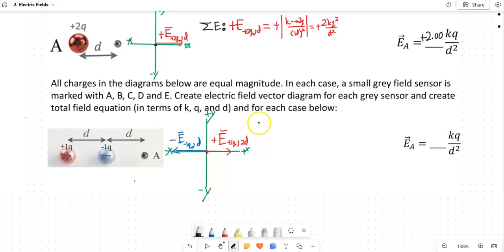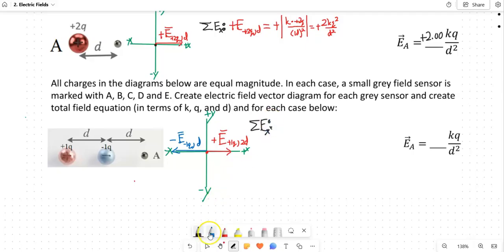Now we're going to sum our electric fields in the X direction. Don't sum the electric fields in the Y direction on this one, because that is just going to be 0. Now, let's skip steps, just like we were starting to do in forces. So I'm going to go right to constructing the equation.